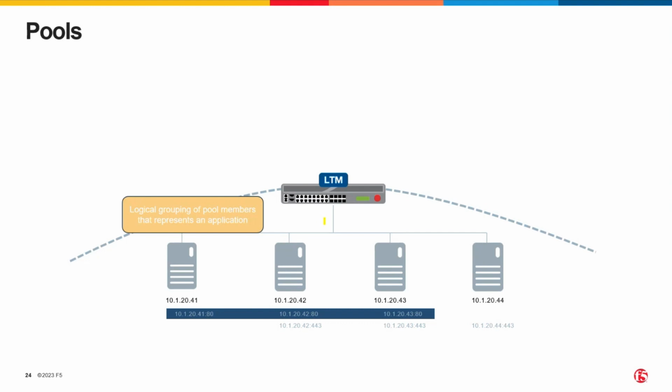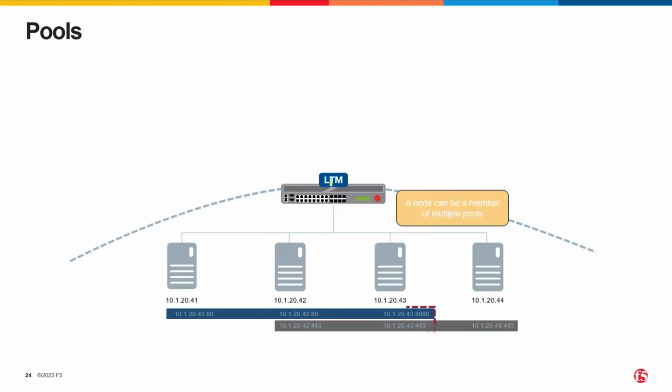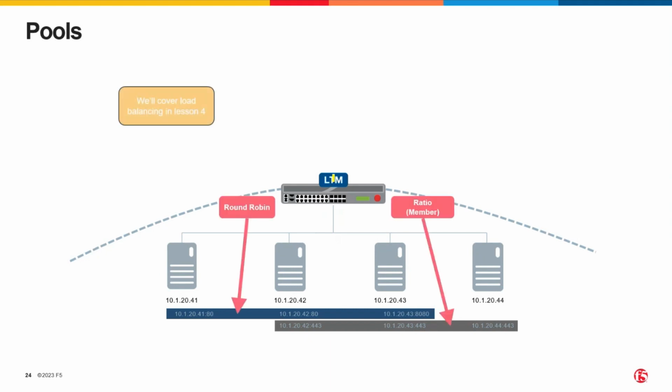And this pool, in the simplest configuration, is usually assigned to a specific listener, which is called a virtual server. And you can do some different configuration on the pool level and on this virtual server level. So for example, on the pool level, we are going to configure some different load balancing methods like round robin or ratio. We are going to talk about that later on.